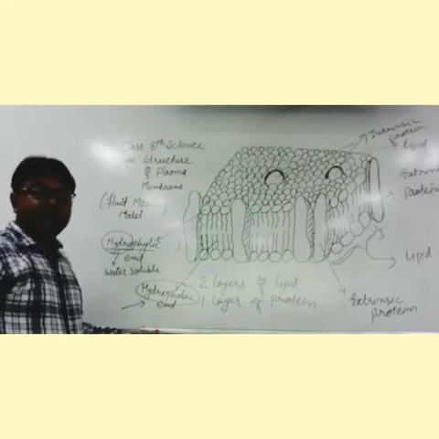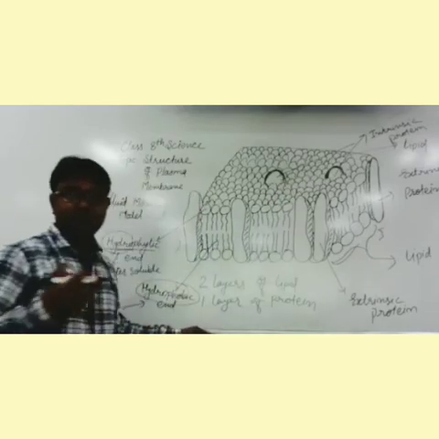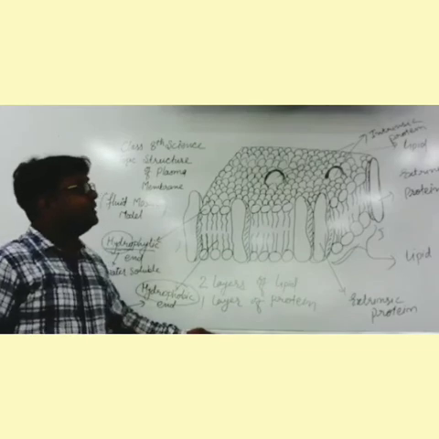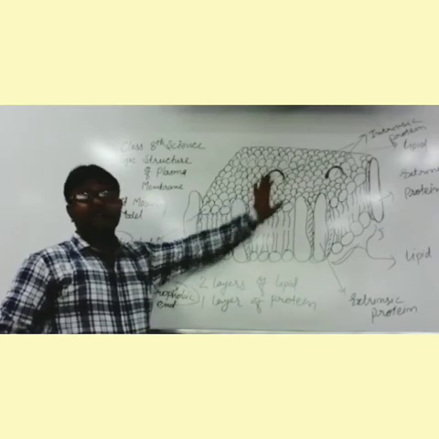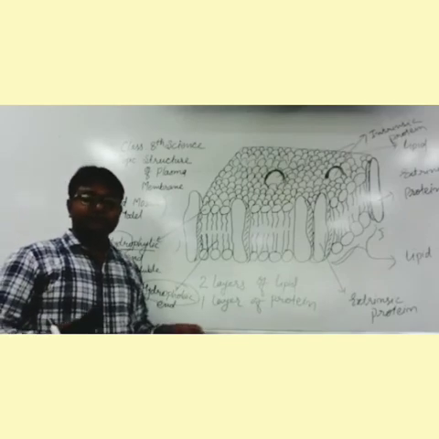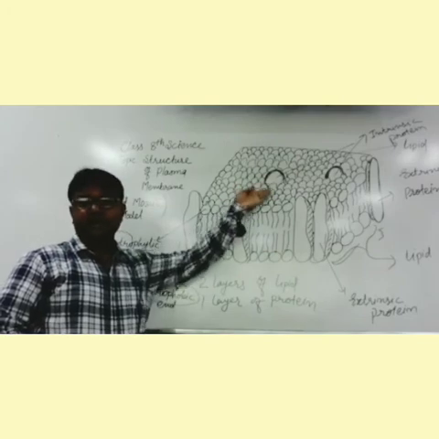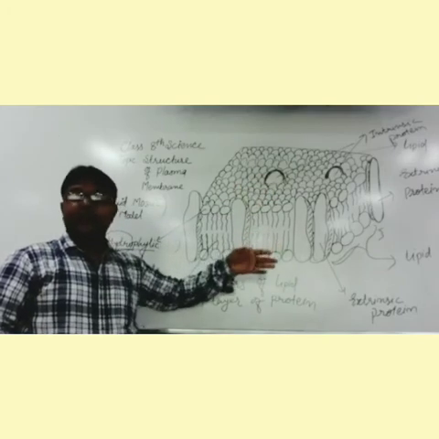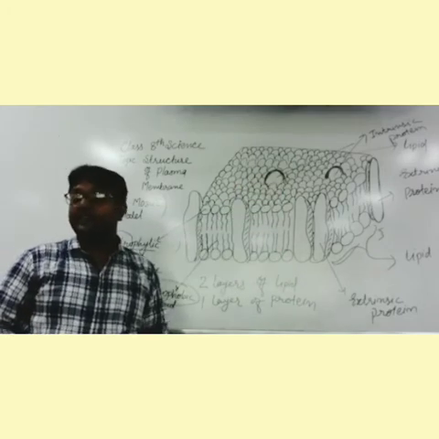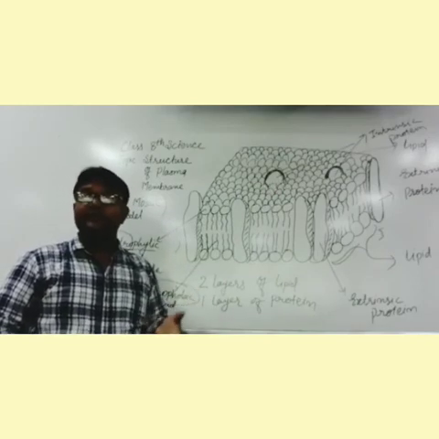Students, this is the intrinsic protein which I am showing here. It looks just like an iceberg. Everyone knows about icebergs: 90% of the part is inside the sea, and only 10% we are able to see on the surface of the sea.